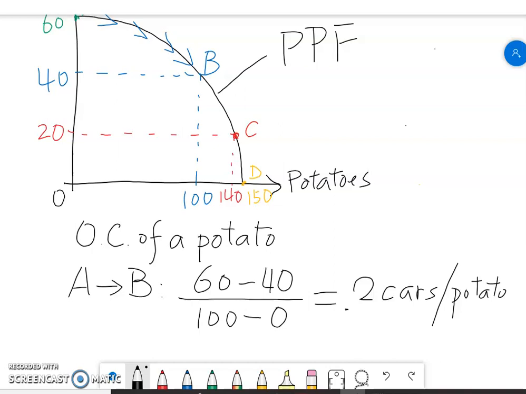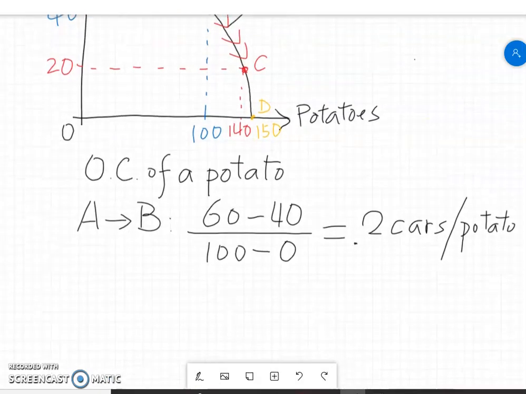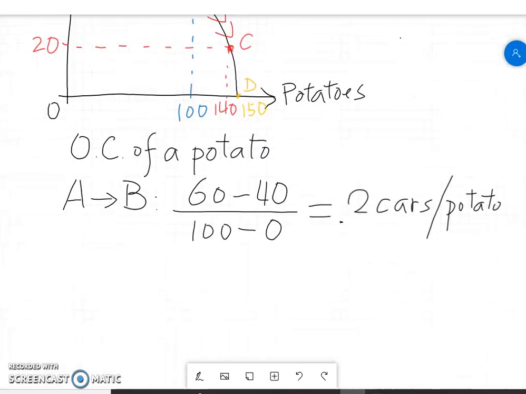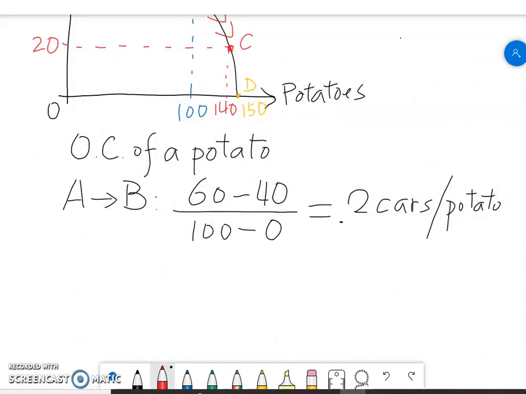Now, suppose the economy continues to move from B to C, so probably they want even more potatoes. Then what's going to be the opportunity cost from B to C?